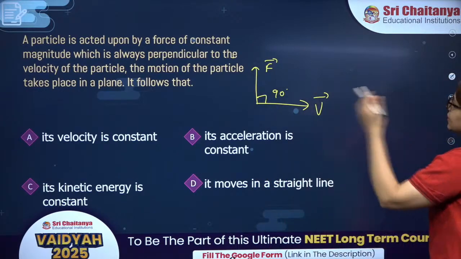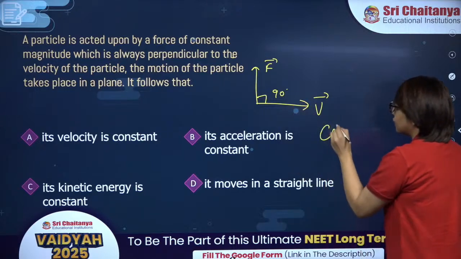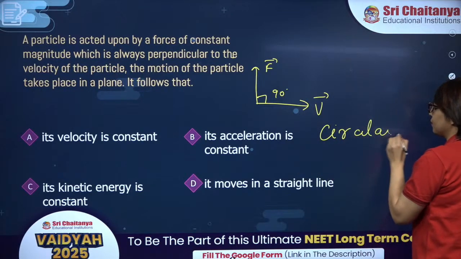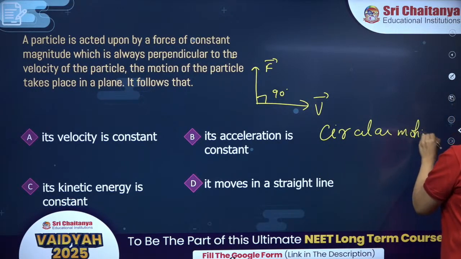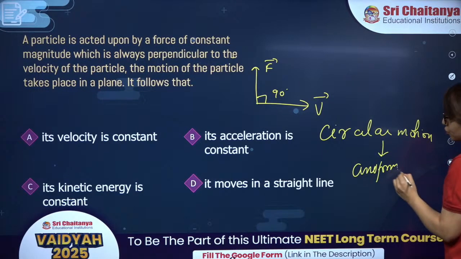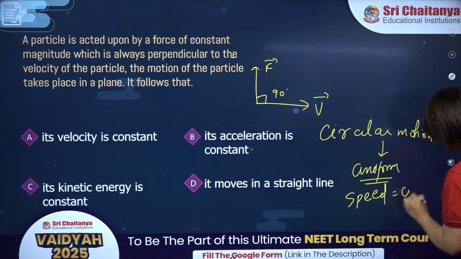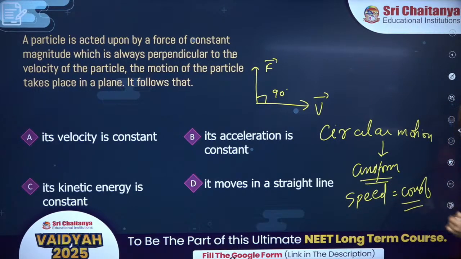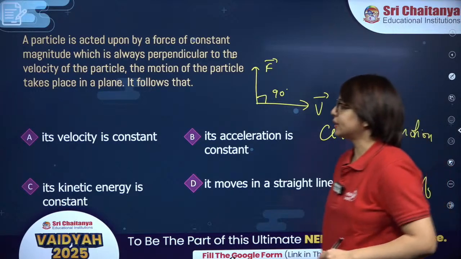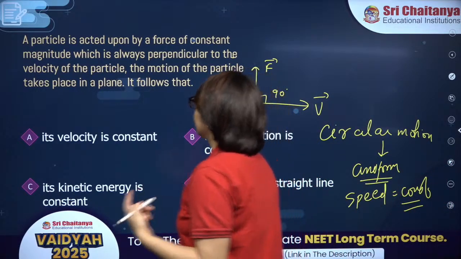So in this case, if force and velocity are perpendicular, what will happen? The particle will perform circular motion, and not any circular motion, it will be performing uniform circular motion. In uniform circular motion, the speed of the particle remains constant. Velocity is not constant because direction is changing continuously.